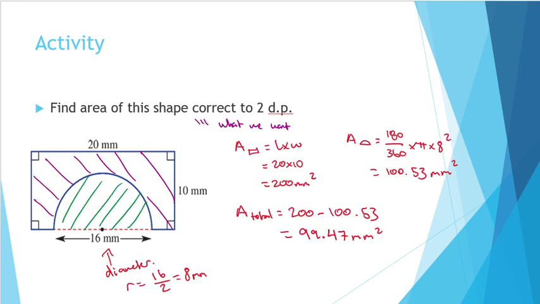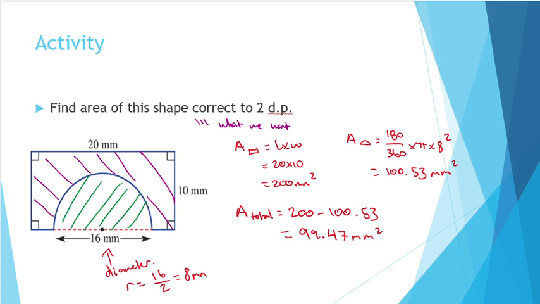Alright, so this is my answer, okay? So you should have got 99.47 millimeters squared. Just to quickly explain it, I've got technically a rectangle here if you include that red dotted section. So the length is 20, the width is 10 millimeters. So you just find the area of that rectangle first.